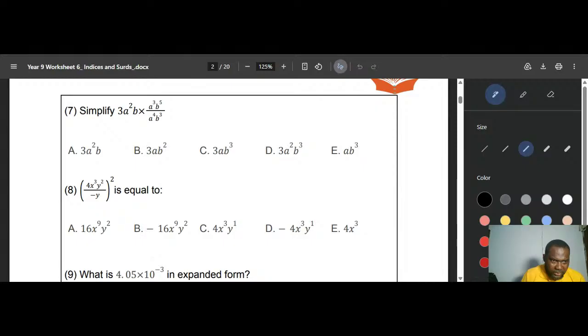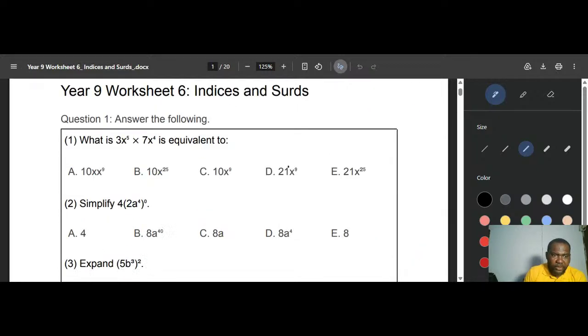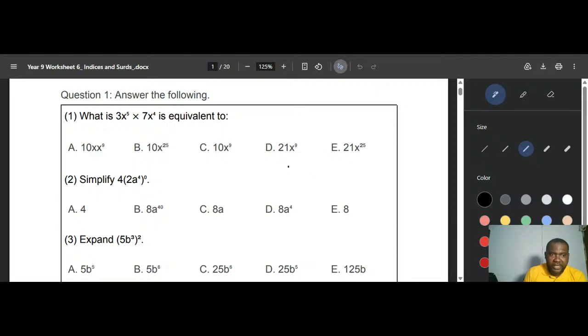Do this: number 7 and number 8. Go ahead, try number 7 and number 8. Before that, let me make corrections for 1, 2, 3. By the way, you guys did very well.